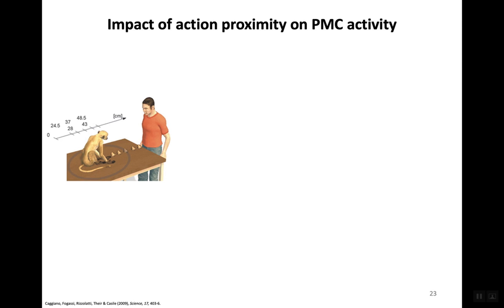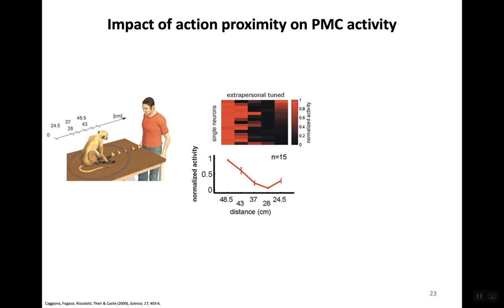However, where things become more interesting is where sensitivity was measured with respect to the distance from the observer. What this group found in 2009 is that there is sensitivity, as one might expect perhaps, for extrapersonal actions, so that this specific neuron, or rather this group of neurons, fires more vigorously the bigger the distance from the monkey.